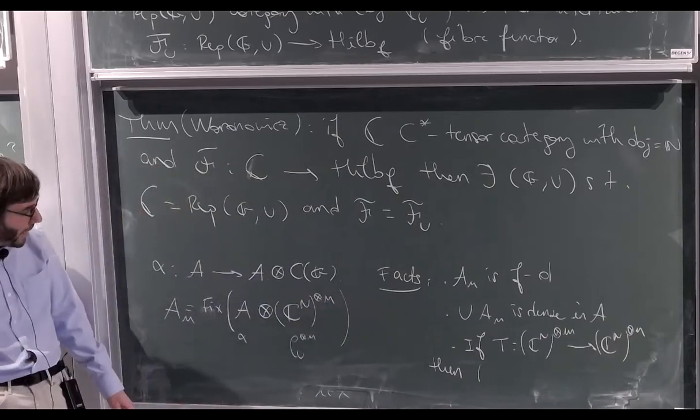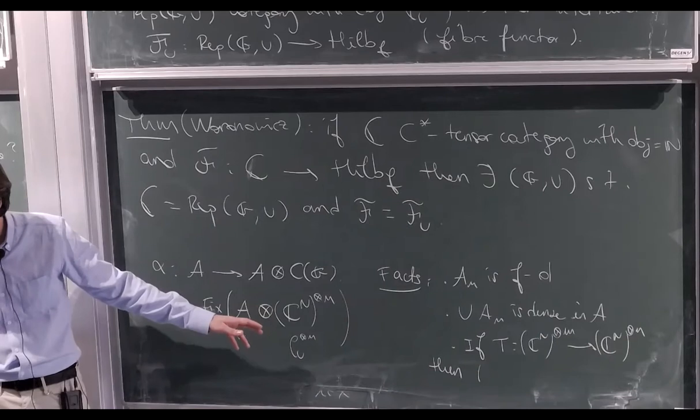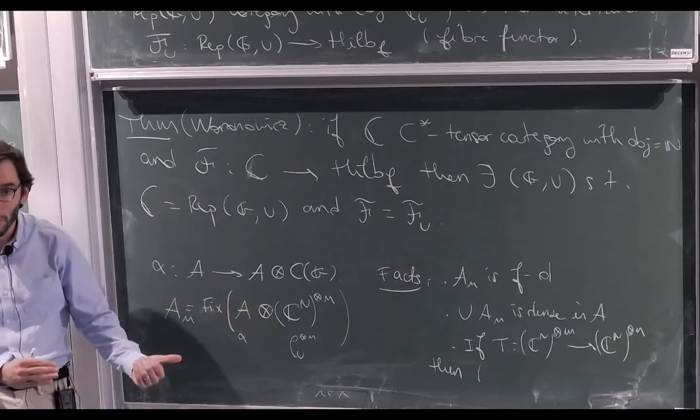And it turns out that identity tensor T will again be an intertwiner. So you can bring it down to a map between the fixed points.